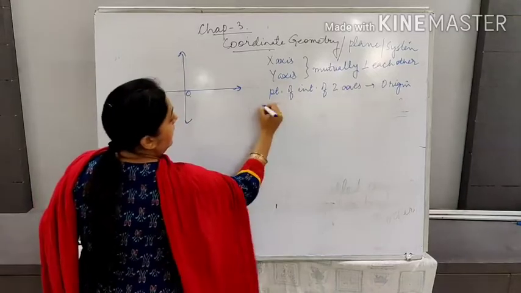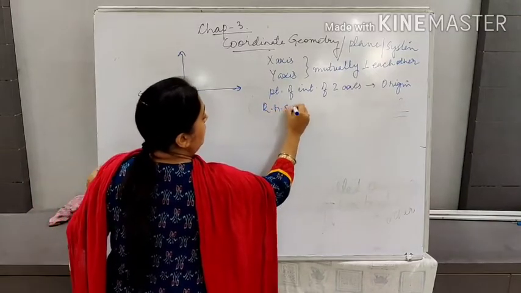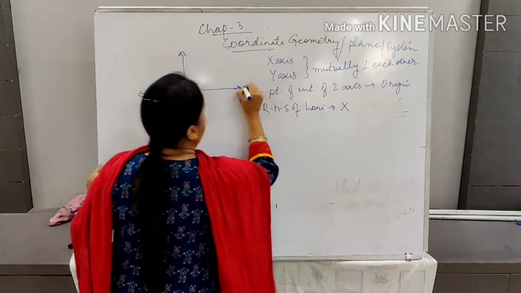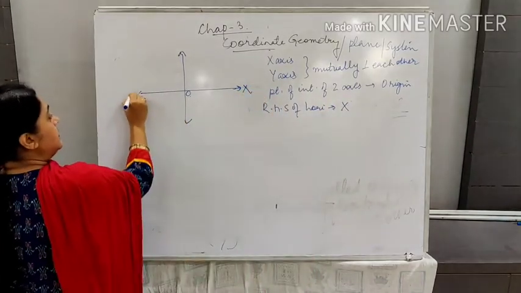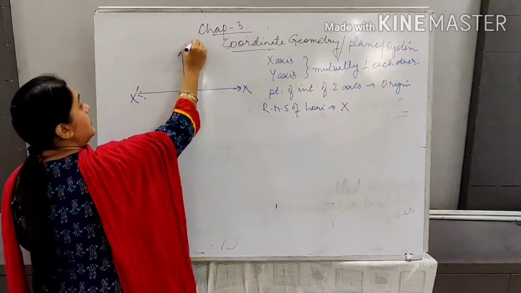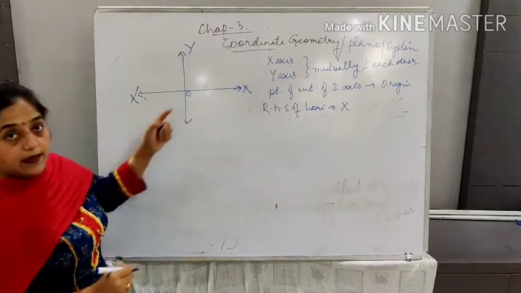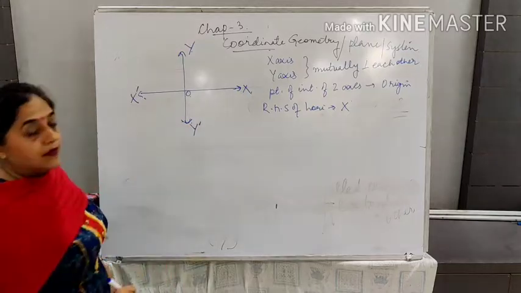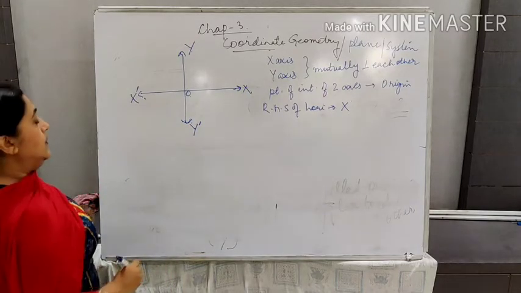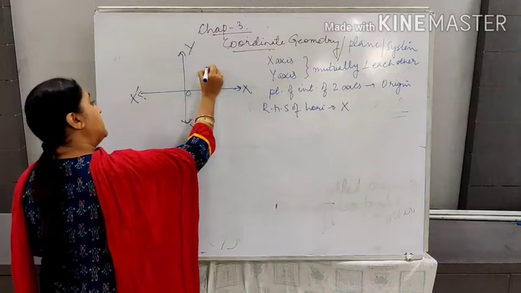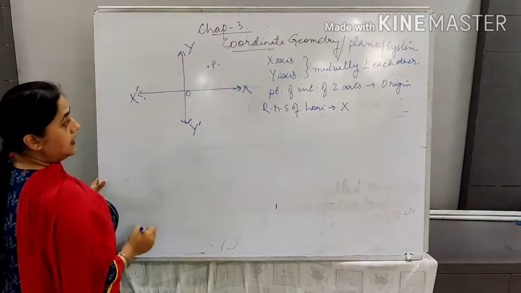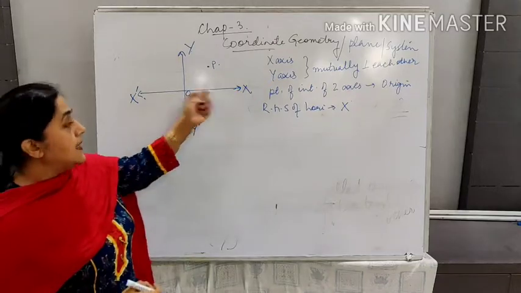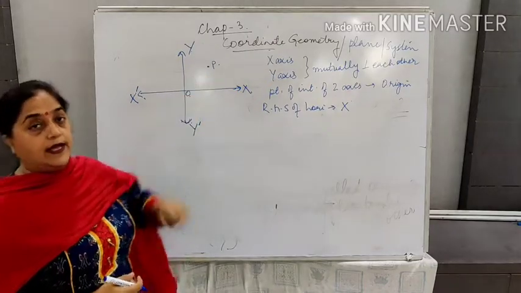Next, what was it? The right-hand side of the horizontal axis is X, which is the positive one, and this one is the negative one. Similarly, I have a Y here and I have Y dash here. Got it? Now suppose I have a point P here. How will I locate this point in terms of the x-axis and y-axis?